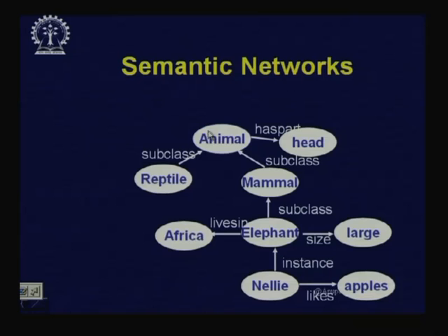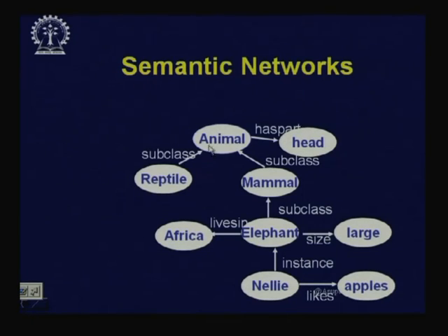So, we have got a root node animal, and animal has part head, reptile is a subclass of animal, mammal is a subclass of animal, elephant is a subclass of mammal. Now, elephant size is large and elephant lives in Africa.